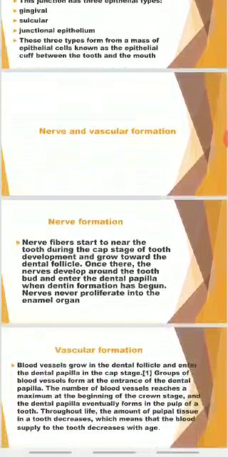Nerve fibers start to near the tooth during the cap stage of tooth development and grow towards the dental follicle. Once there, the nerves develop around the tooth bud and enter the dental papilla. When dentine formation has begun, nerves never proliferate into the enamel organ. This is the point of attraction in this.